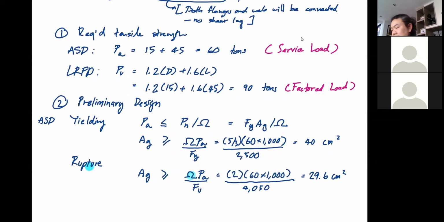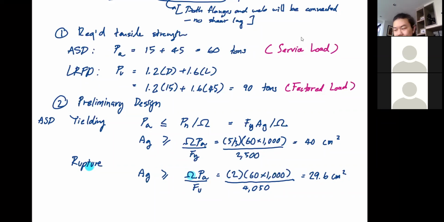Because if it's the same section, how can you pull something and it doesn't yield before it's going to rupture? So chances are your rupture will never govern, even though the factor of safety for rupture is higher, and so is the FU over the FY.